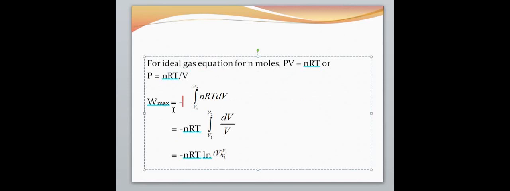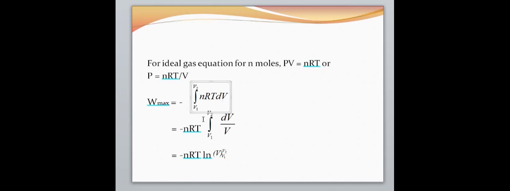PV is equal to nRT, so I make it P is equal to nRT upon V. So I get W max is equal to minus, integral from V1 to V2 of nRT upon V dV. There should have been dV upon V, so when I send the notes, I will just add that.